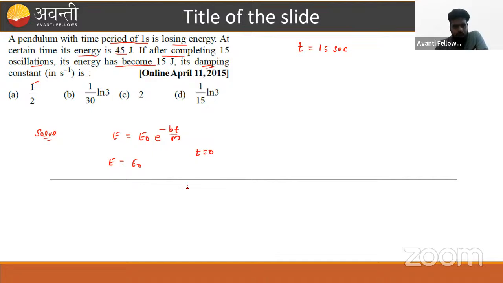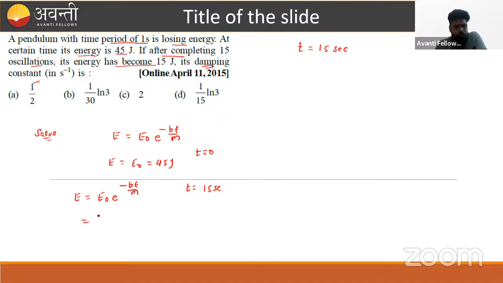And after some time, that is 15 seconds, our energy will become E naught e raised to power minus Bt upon m. Initially this is 45 joule, the maximum energy. I hope this is clear.